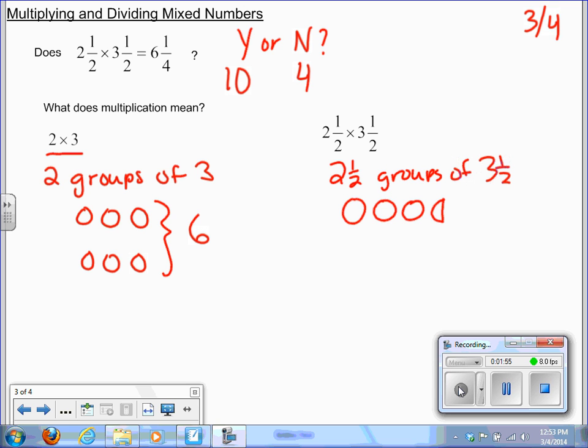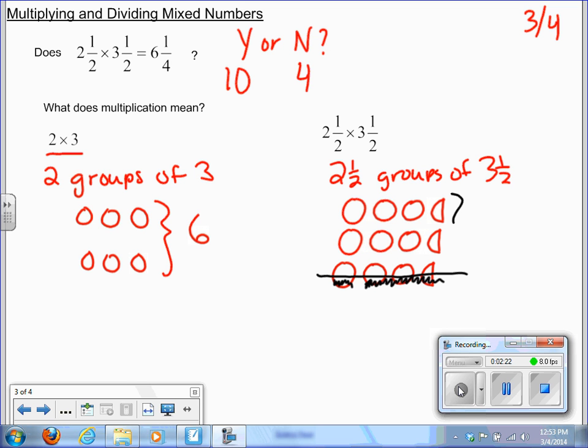Okay, so there's one group. Then you have a second group. And I don't want 3 groups, so what I'm going to do is cross off. You can either cross it off or just draw yours this way, where you have a half of a group. And I'm just going to scribble out my bottom half.